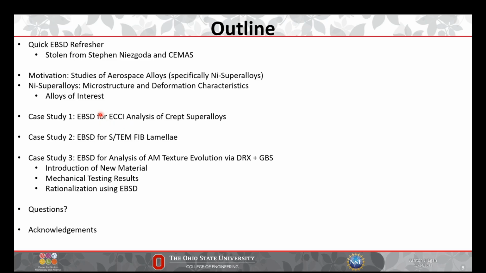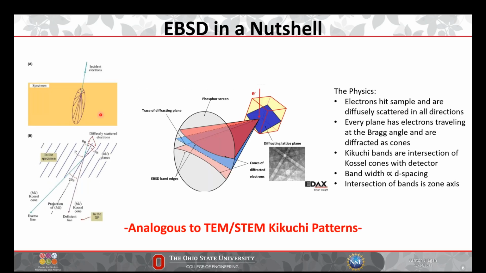And then a third case, which is analysis of an additively manufactured Ti-64 alloy and showing the texture evolution via direct recrystallization and grain boundary sliding. And then we'll take your questions at the end. So without further ado, I'll dive into it here.